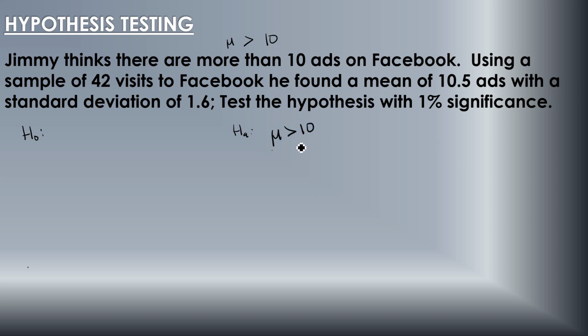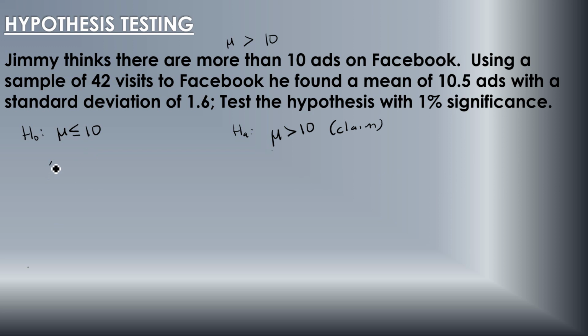Why? Because it doesn't include an equal. Your alternative hypothesis doesn't equal something. It can be greater, less, or not equal. And this is actually his claim. That's exactly what he said. So our null hypothesis is mu is less than or equal to 10, but he didn't claim that.